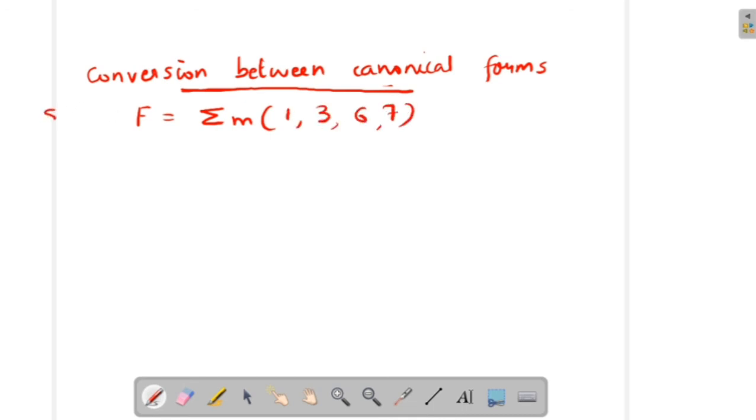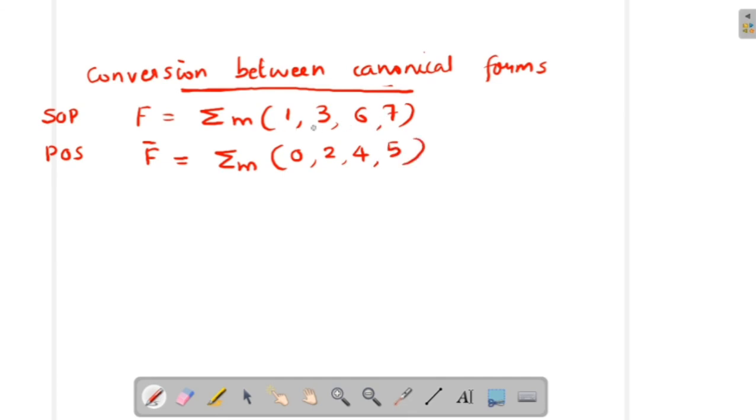So this is sum of product form. Our aim is to find the POS form. So to find the POS form, we first have to find f complement. F complement is equal to sigma m of the complement of this set, which is 0 2 4 5.